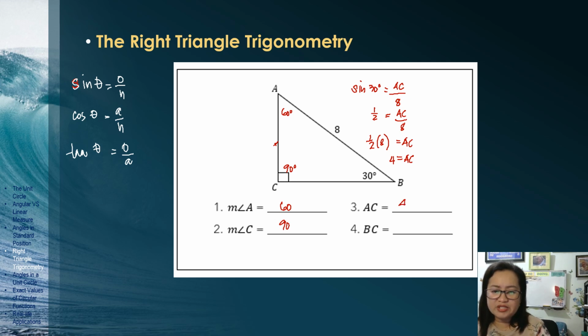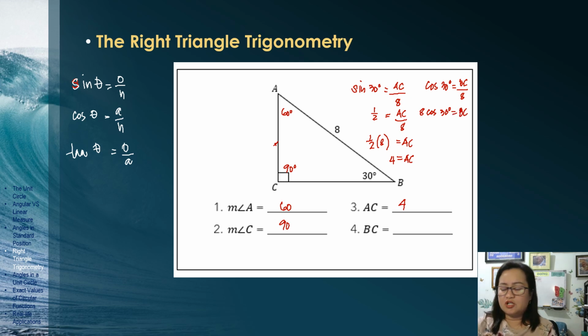Now, for BC, we have to use cosine 30 degrees equal to adjacent, which is BC, over hypotenuse 8. So using our calculator, we compute for 8 times cosine 30 degrees. That would be the length of BC.